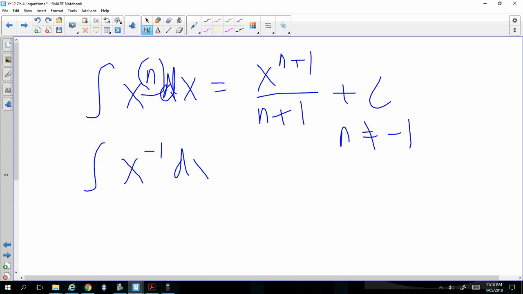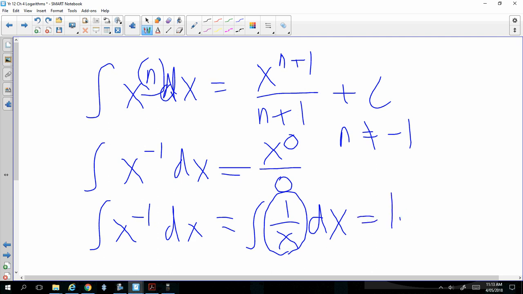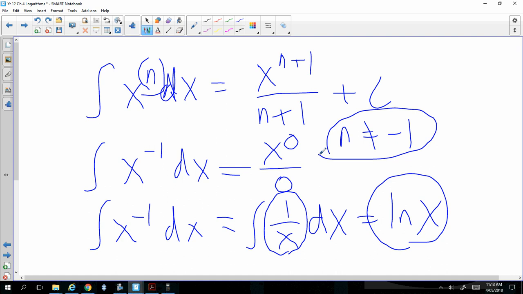You get 0 in the denominator. So when it is -1, you get 1 on x. And we just learned that when we integrate 1 on x, we get ln x. That's why when it is -1, I use a new formula. When it is not -1, I use this formula.